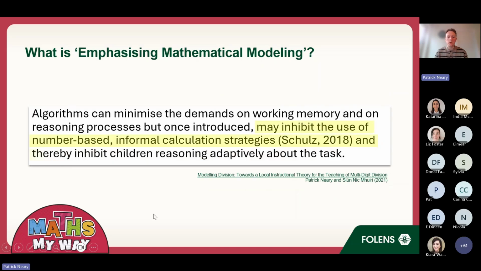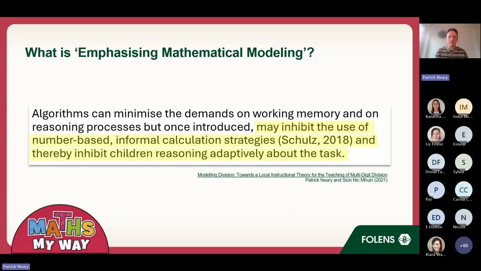Similarly, in this quote, we're talking about algorithms. So long division, I'm sure everyone is familiar with that algorithm where you put one number in the hat on top and you're following the different steps to find the answer. And yes, they're really useful when you need to complete a number of calculations quickly. But in today's world, that skill is becoming less and less important.